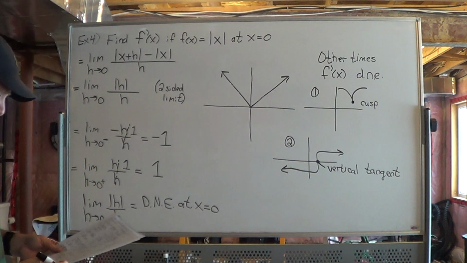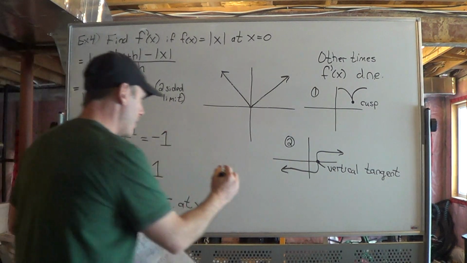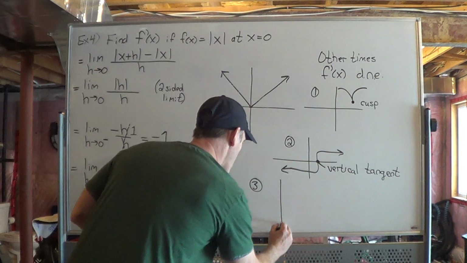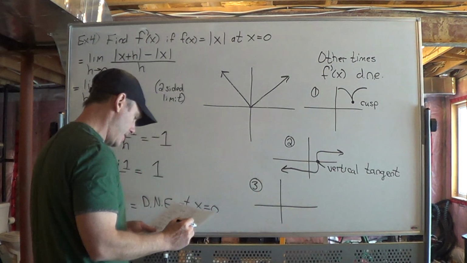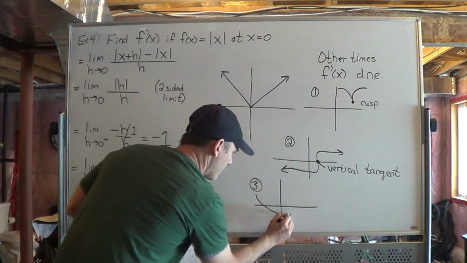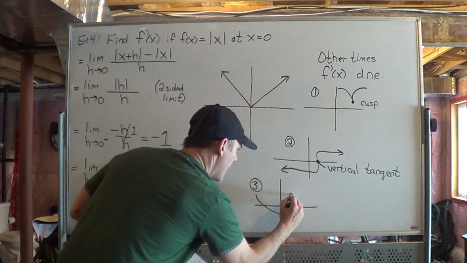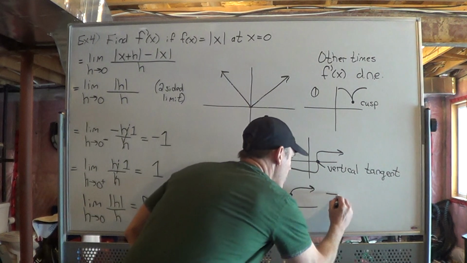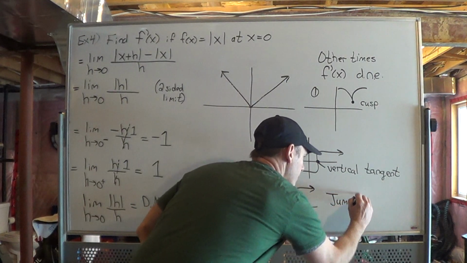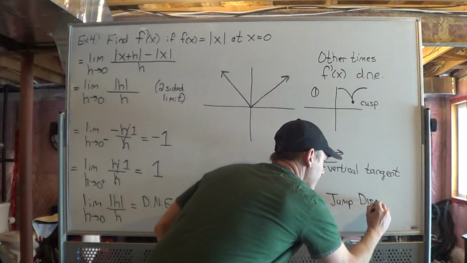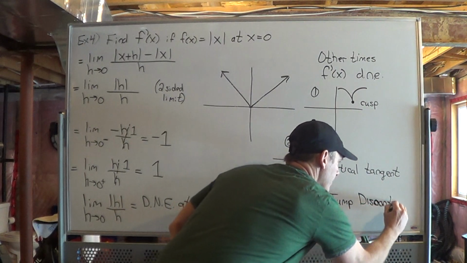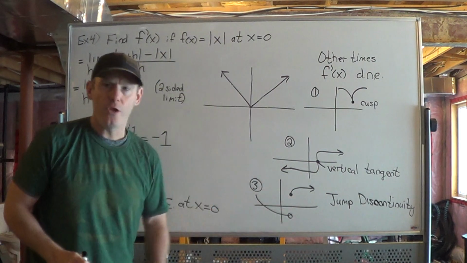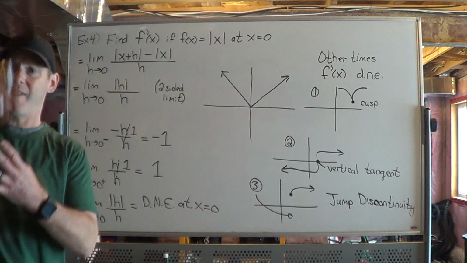So that's another problem. And then number 3, this is something we've had before, and this was on our first CAT. I think I almost had this type of question, where you have a jump discontinuity. That is another situation where at this point you cannot find the slope of a tangent because the graph jumps at that spot.